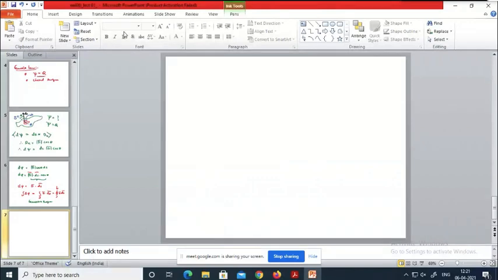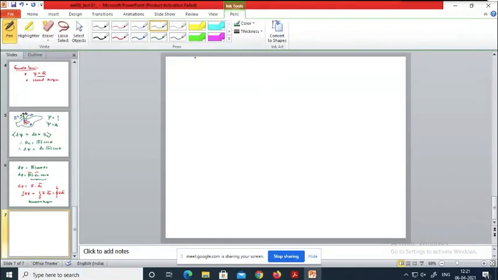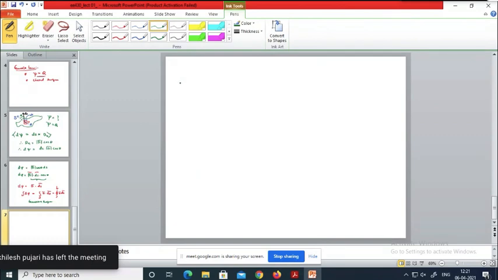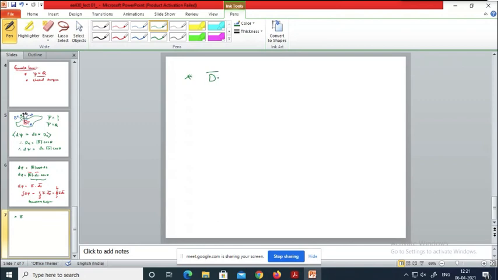So what exactly are the specialities of Gaussian surfaces? It is nothing but a closed surface, and at each point of the surface, the D vector is normal or tangential to the surface.